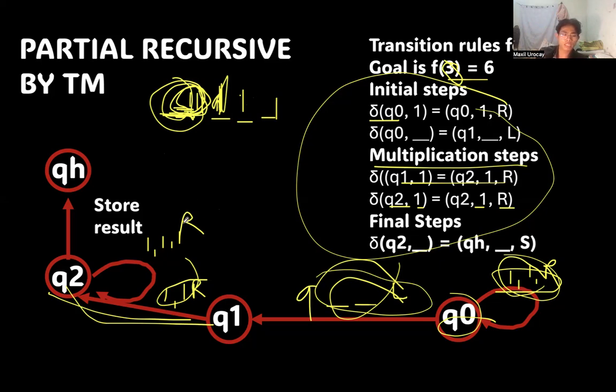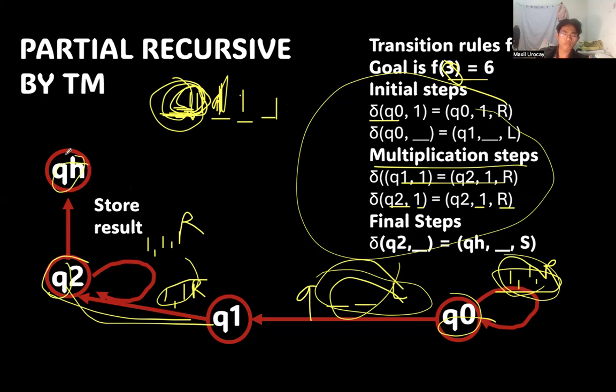After that, you are already in Q2, for example. So the final step right there, we move left over. So after we append everything, we have the Q2 procedure. Here we will store the result in QH.